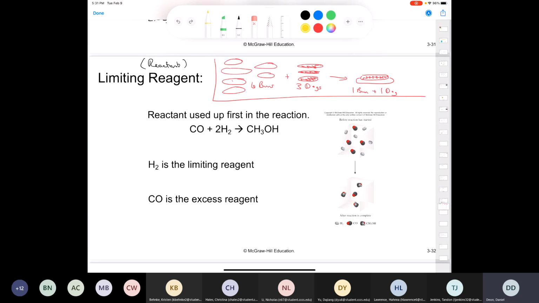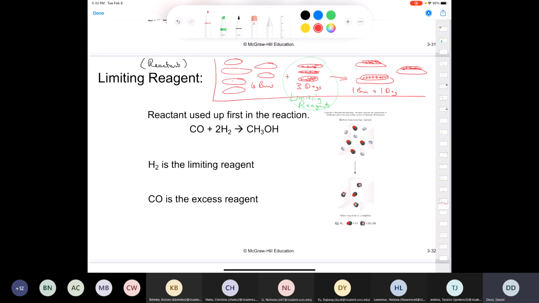The answer is 3, right? So which one of these is the limiting reagent? The dogs are the limiting reactant or limiting reagent, because the number of complete hot dogs that you can make is limited by the number of wieners you have. So there you go. You can only make 3 hot dogs and you've got 3 buns left over.